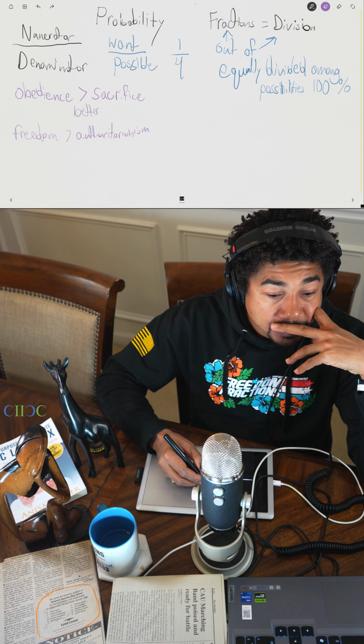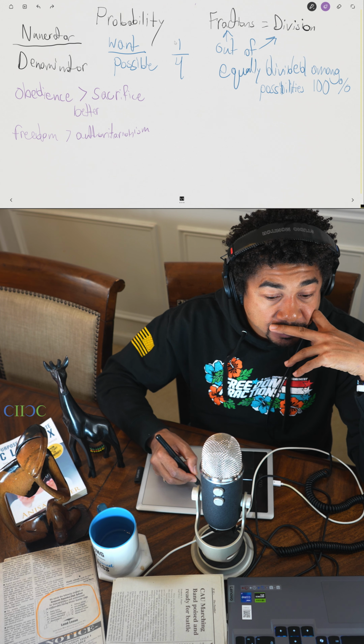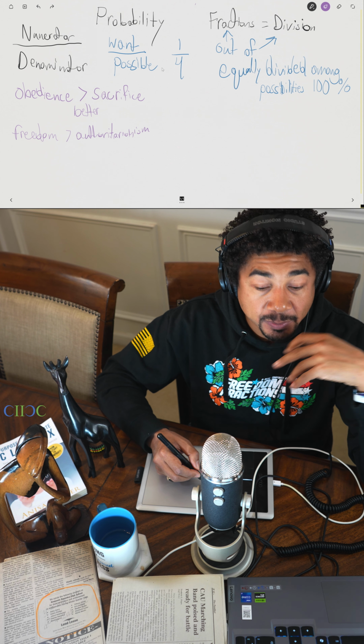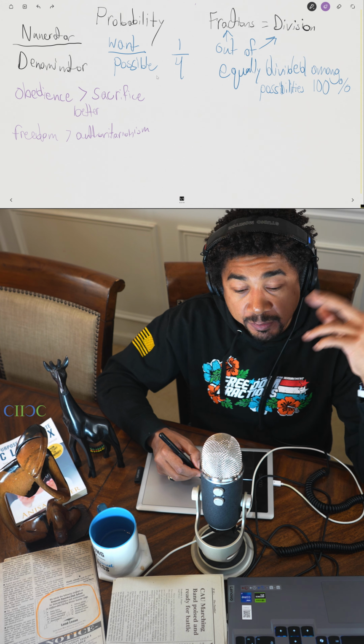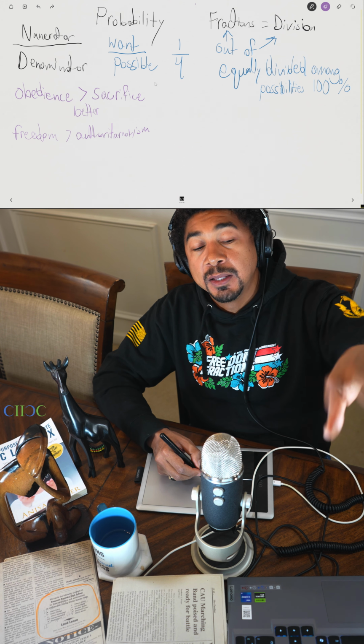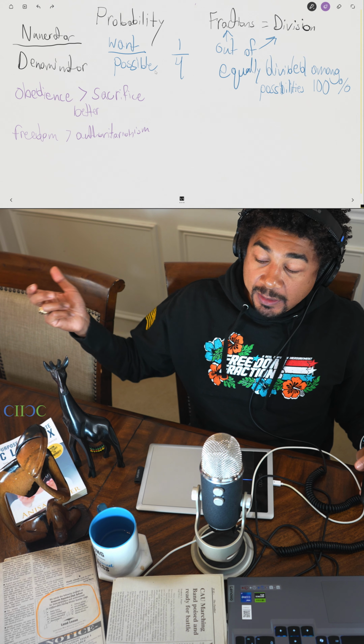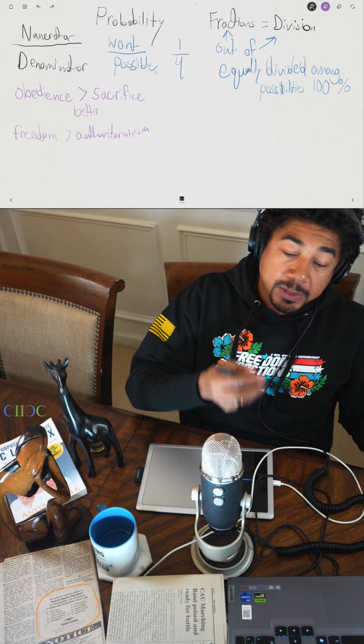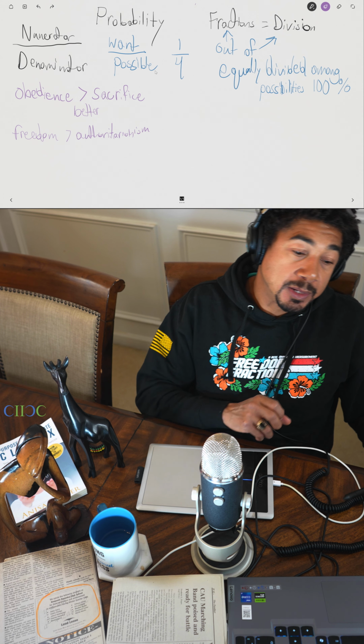But again, fractions are easiest understood in the context, to my knowledge or in my experience, of probability. So for instance, if I had students sitting in a column, then I'd be like, hey, I've got this eraser, or I have this pen, or I have a piece of candy.